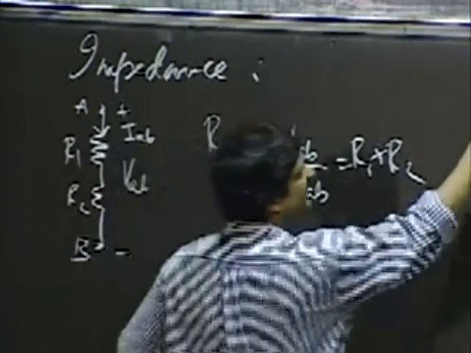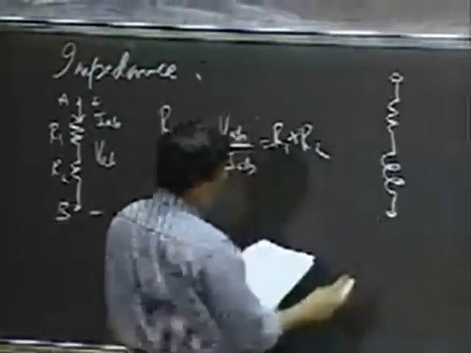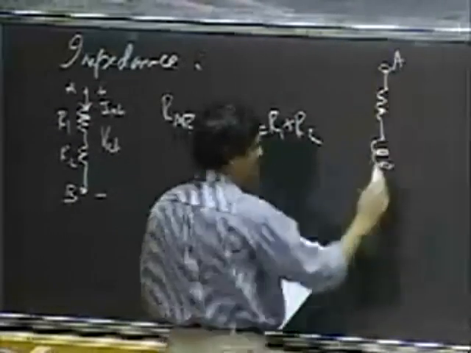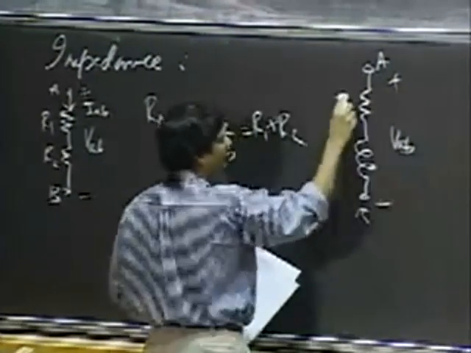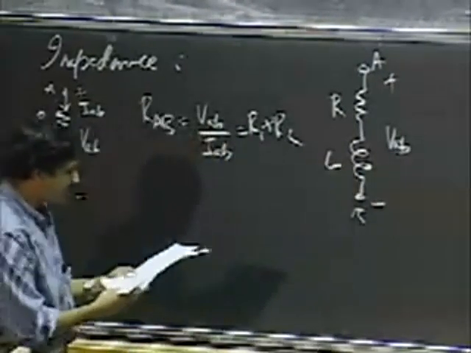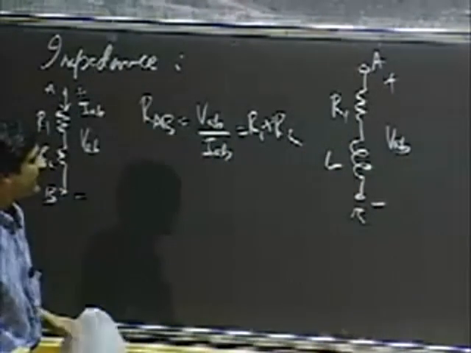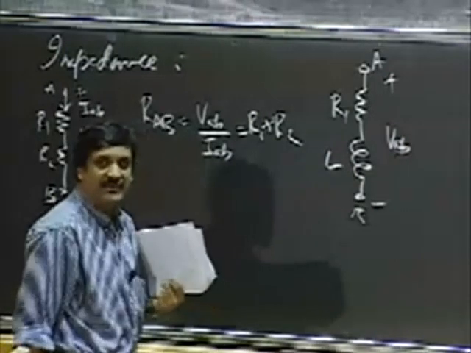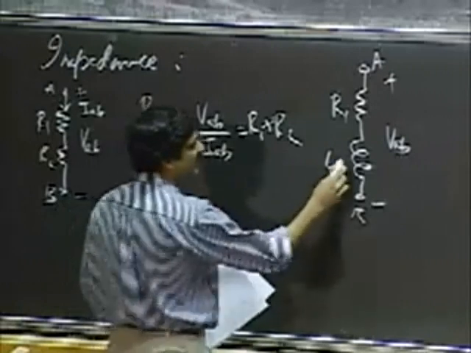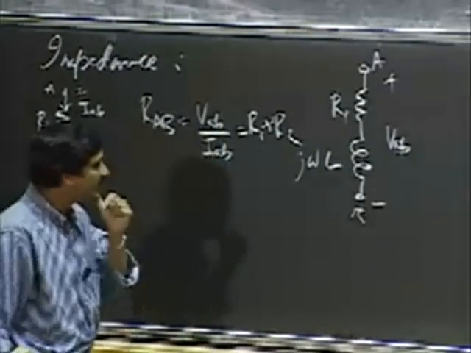The second thing I can try is a circuit of this form, A, B, and I have an R1 and an L in this case. And what I can do is, in the impedance model, view the inductor as an impedance of value j omega L. Okay?